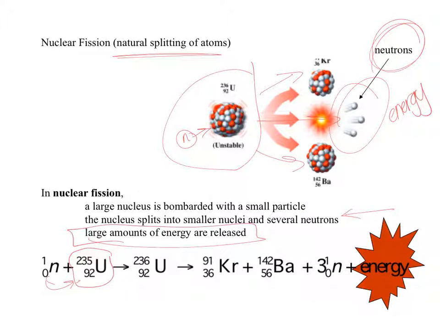For a second it holds on to it, that's what this is showing here. But very quickly it splits apart into all these smaller things, and again, insanely large amounts of energy. I can't emphasize that enough.